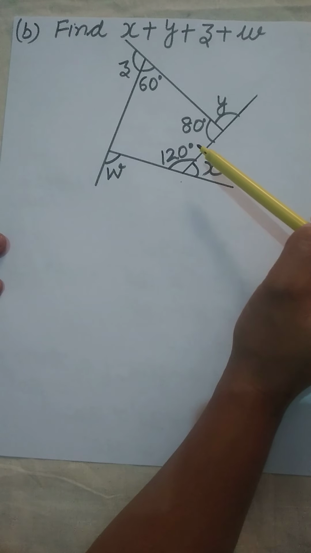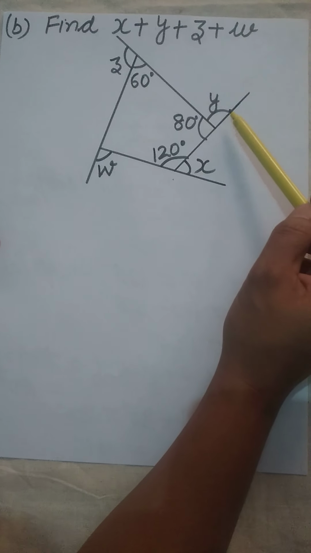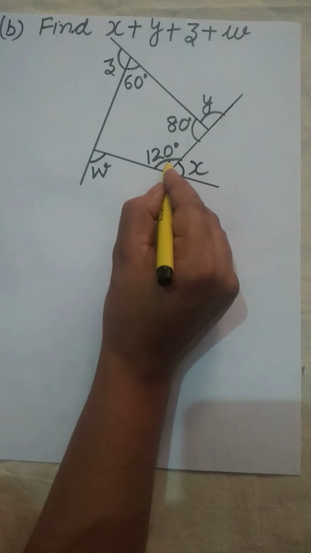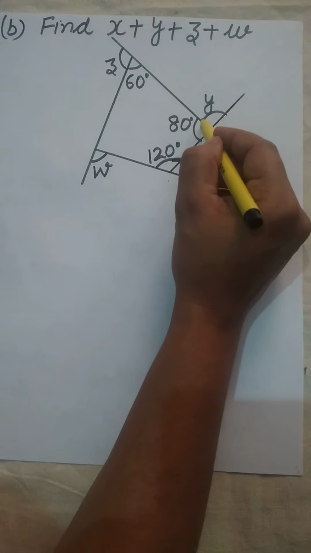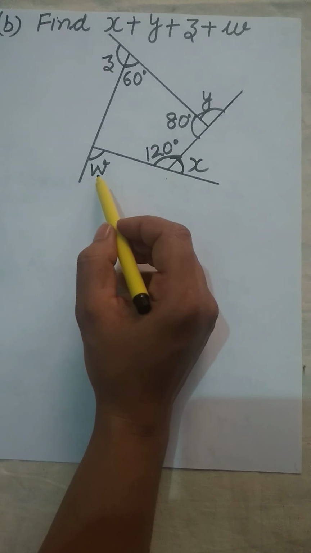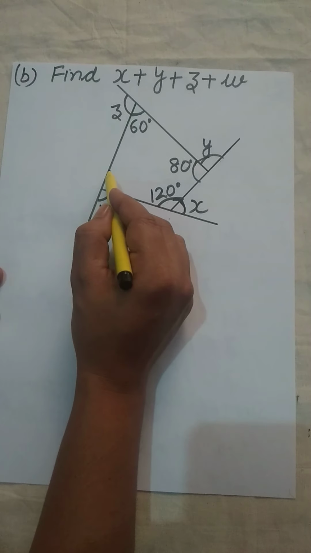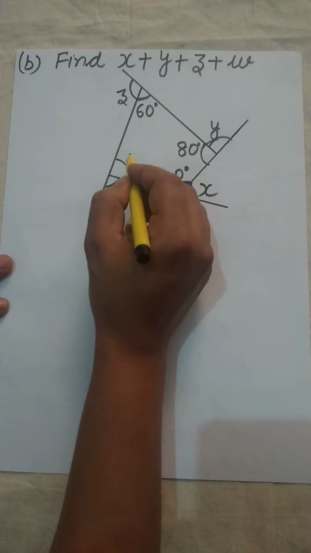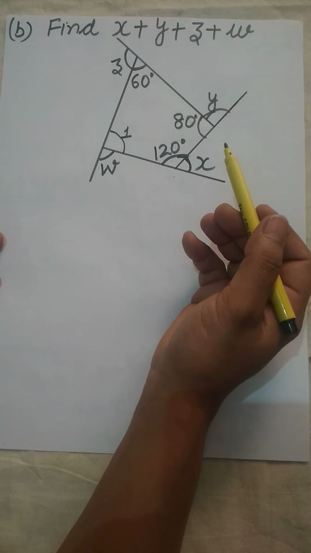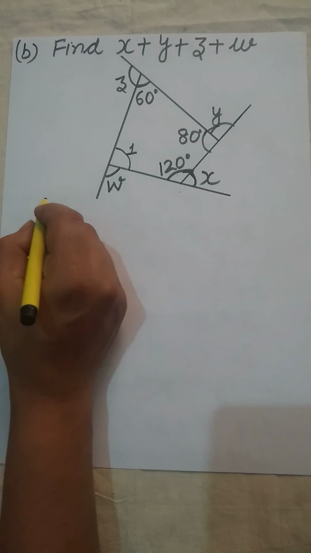So you can see from the figure we can get the value of x, y and z by using the concept of linear pair, as all these are making the three linear pairs. Again for the value of w, we will firstly calculate this interior angle. I will take it as angle 1 and then we will get the value of w. Now firstly let us calculate the value of x, y and z.